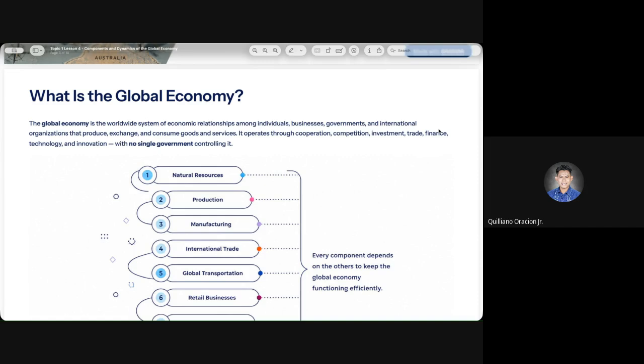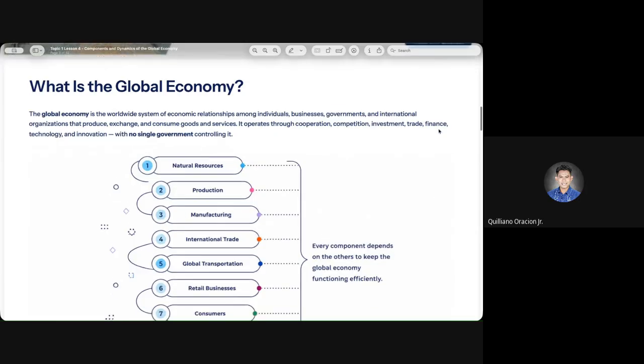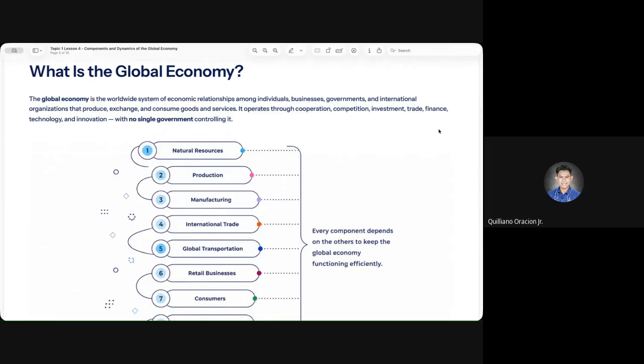It starts with natural resources down to production, then manufacturing, international trade, transportation, then papunta na sa mga retail stores, then buying those by the consumers, and then there is a financial transactions, and through that, economic growth.